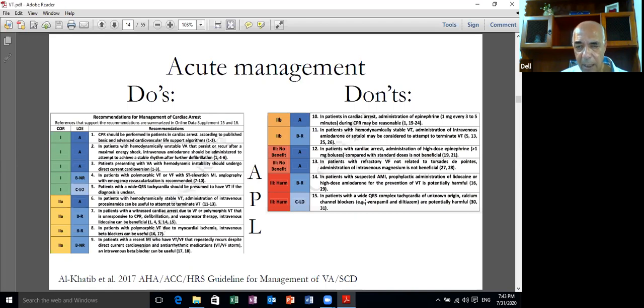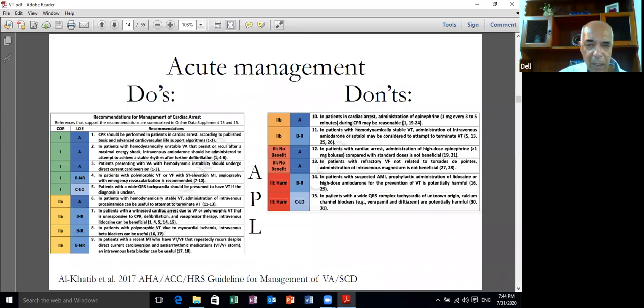Because as I said in the first slide, one of the differential diagnoses of these conditions is pre-excited supraventricular arrhythmia, and this may turn out to be atrial fibrillation. And if you block the AV conduction by calcium channel blockers, then the atrial fibrillation is very likely to change into ventricular fibrillation with its consequences.